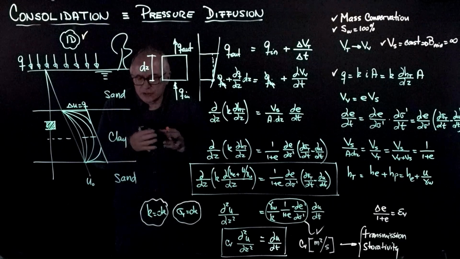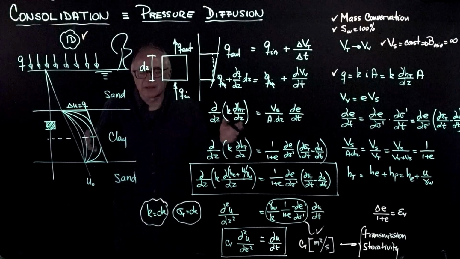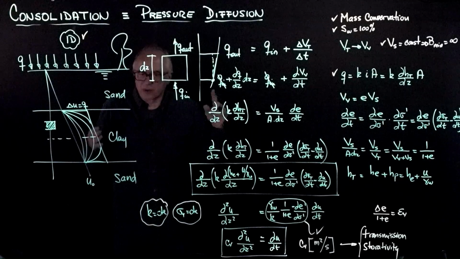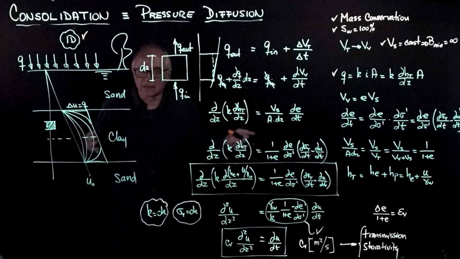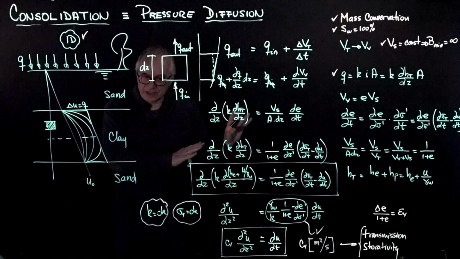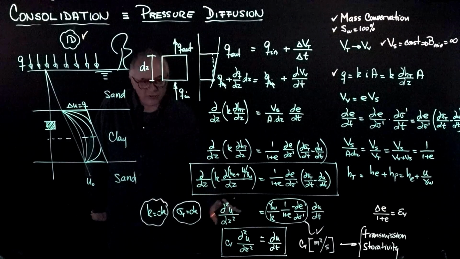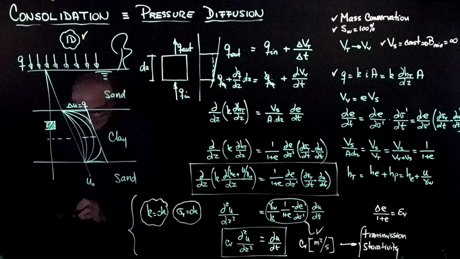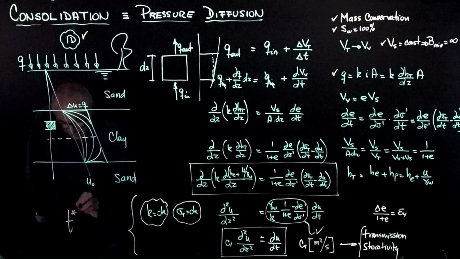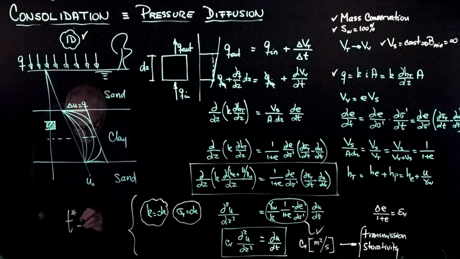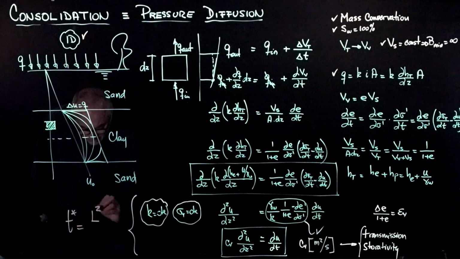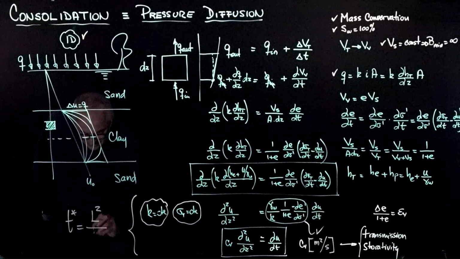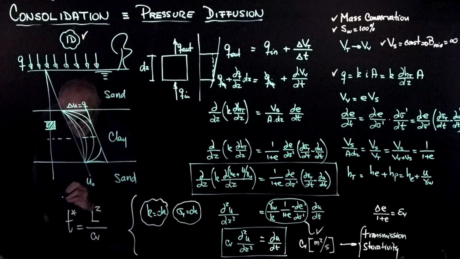The time it takes to travel is distance divided by velocity. So L divided by Ki for advective regimes. For diffusive regimes, we can get a characteristic time, and the characteristic time for a diffusion process is always proportional to the length of our problem squared divided by the diffusion coefficient, which in this case is CV.